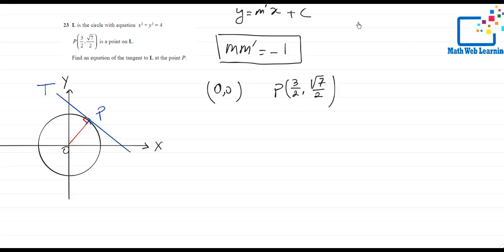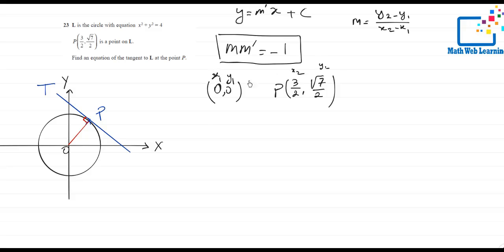You're familiar with the formula. The gradient is the change of y over the change of x, so that's y2 minus y1 over x2 minus x1. Now for x2 and x1, it doesn't matter which one is which. So we're going to start from here. That is my y2, this is my x2, this is my y1, this is my x1.